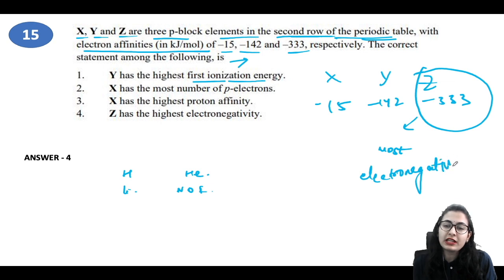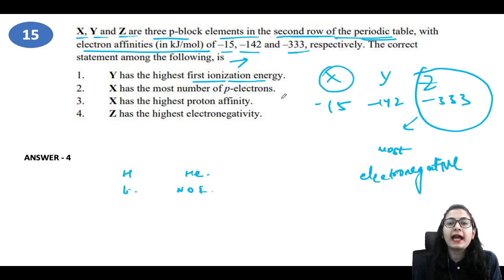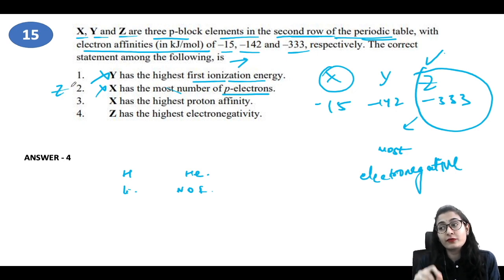And the most electronegative one requires the least number of electrons, so it readily accepts. X is going to be most electropositive, and who is going to have the highest ionization energy? Z itself. So Y does not have the highest ionization energy. X has the most number of p electrons? No, the same goes for Z. That's why it needs minimum number of electrons for fulfilling its octet.